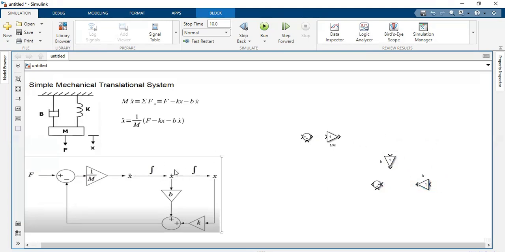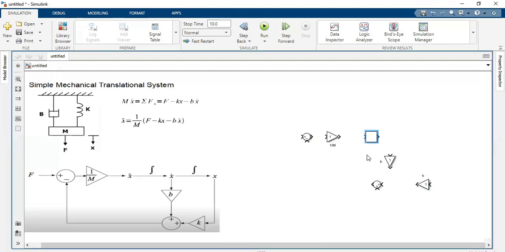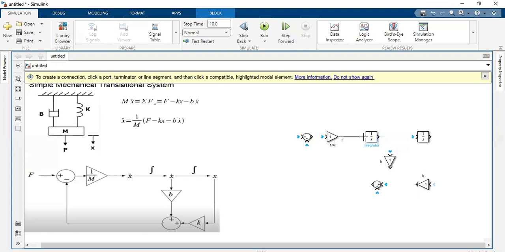Then we need two integrators. So type integrator, then right click on the integrator and drag to get another one. The blocks should be connected as given in the block diagram.